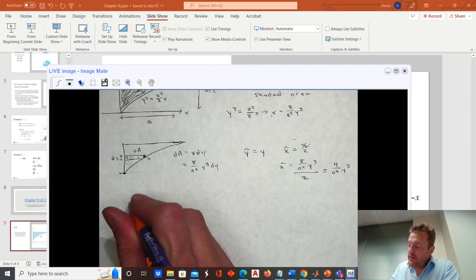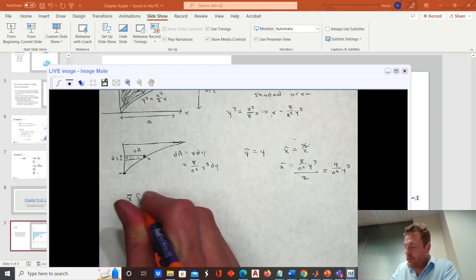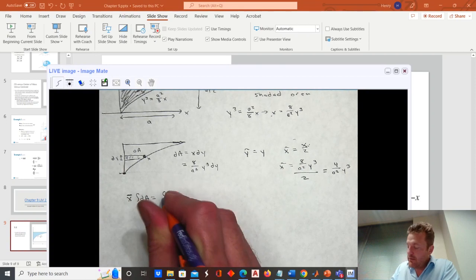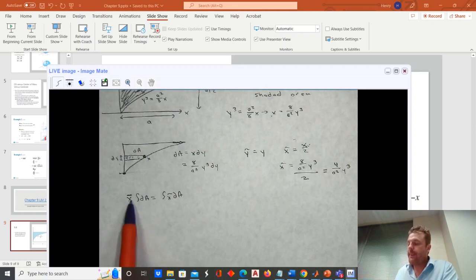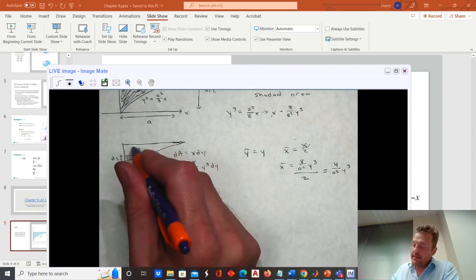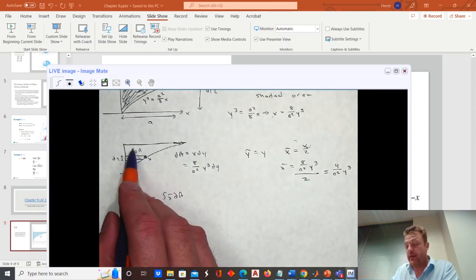Your formula is that x bar times integral dA equals integral x tilde dA. If you think about the dA's as weight, what this says is that the centroid is somewhere here, so that x distance is measuring the distance from the y-axis.